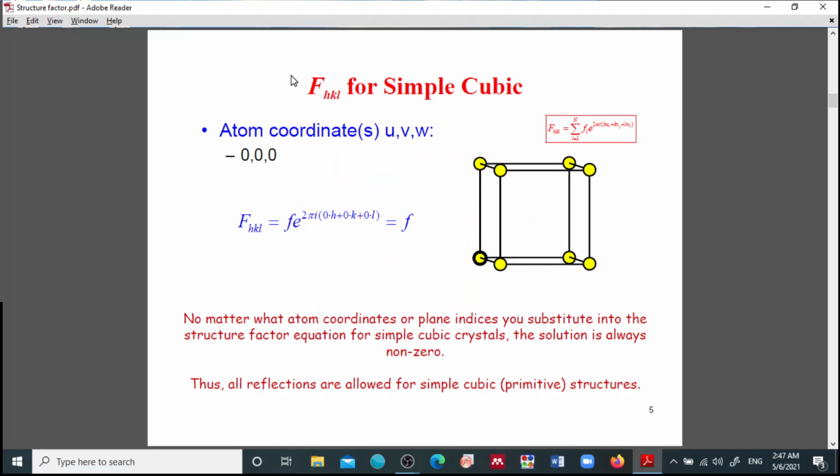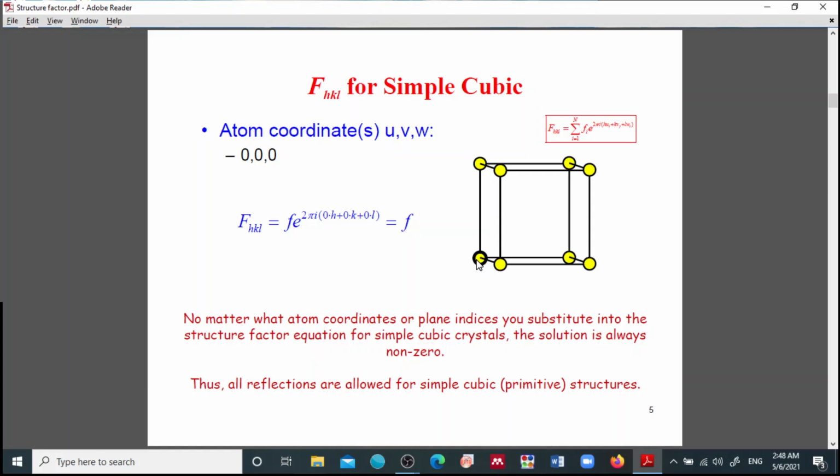So how to calculate the structure factor for a simple cubic structure? The basic equation is written in here, and as I told you, the atomic positions or coordinates are very important for the structure factor calculations. And as you know, we have only 1 point per unit cell for a simple cubic structure, so we will choose only 1 point as our origin.